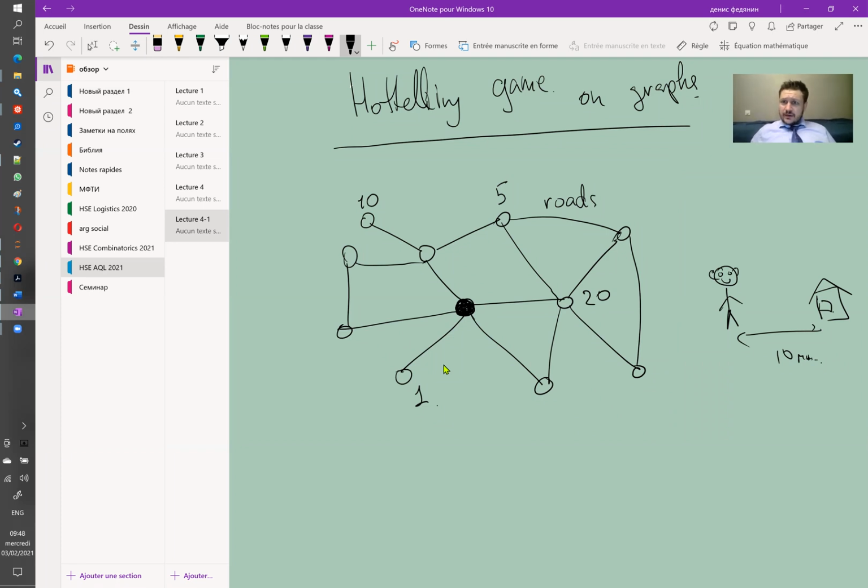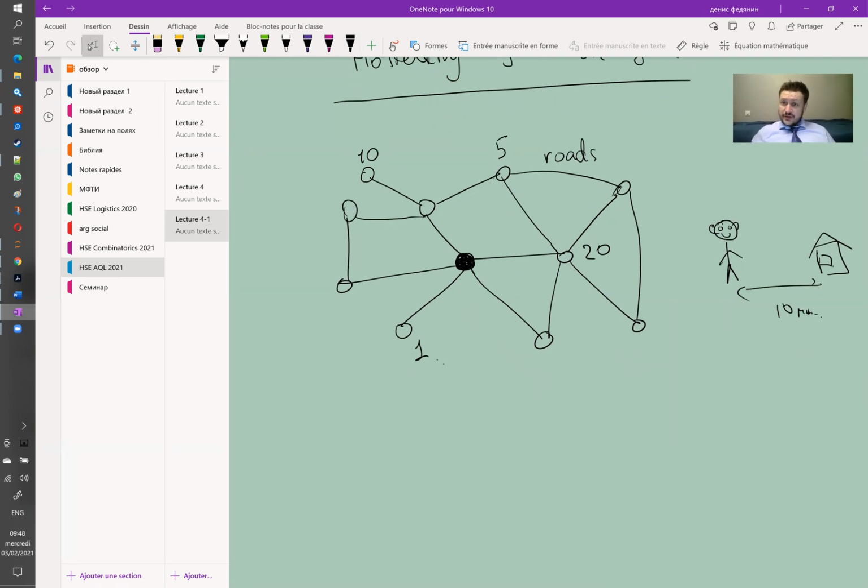But here we can say that we have some utility function, our profit. Our profit is like a salary: it's the number of customers who are close to our shop, minus the number of our shops.